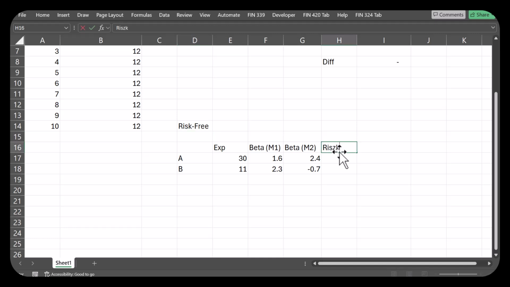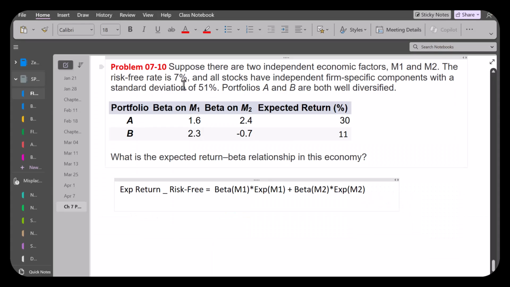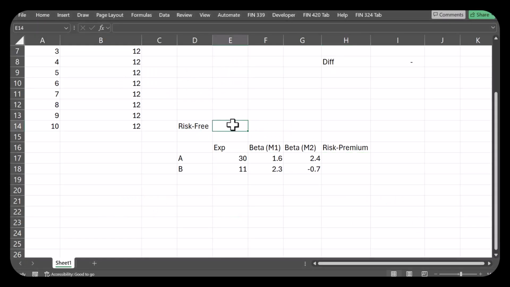So the risk premiums are, let's remember what the risk-free rate is, 7%.